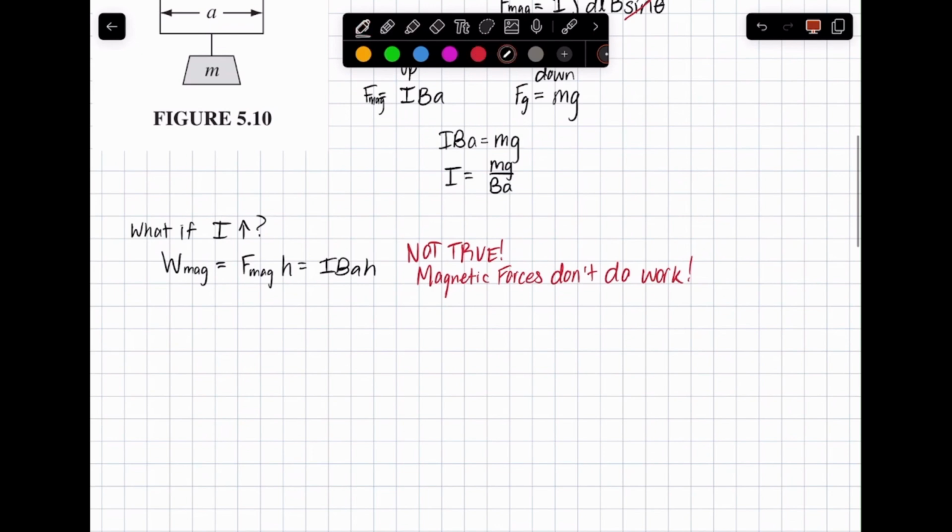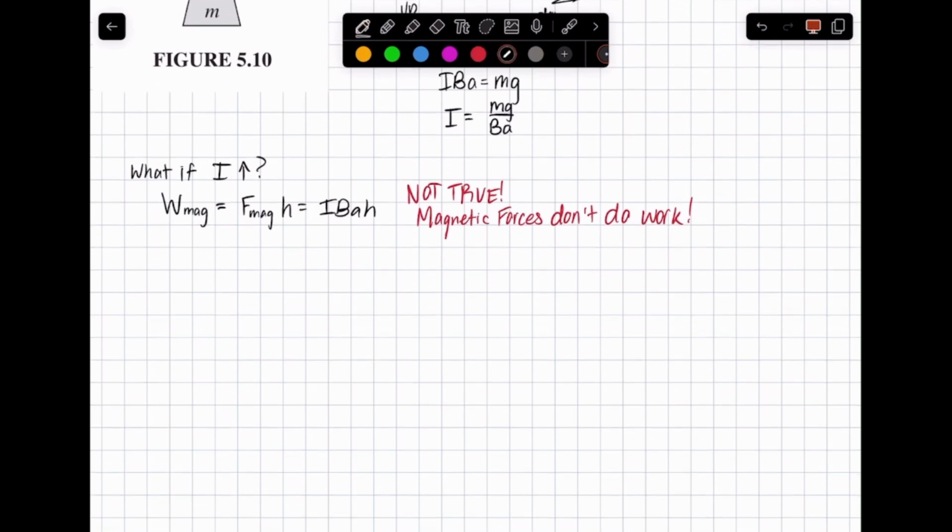And why is that? I think this is easiest to explain with a single point charge. So I'm going to give that example. And for a point charge, we have this definition for the magnetic force. I'll write it down real quick.